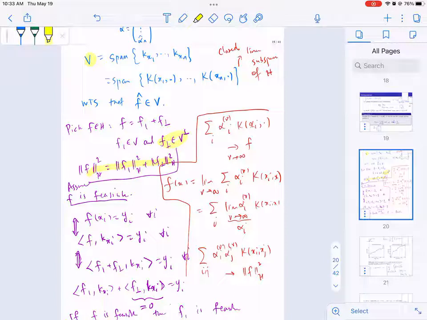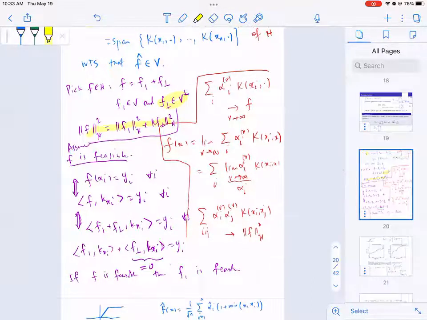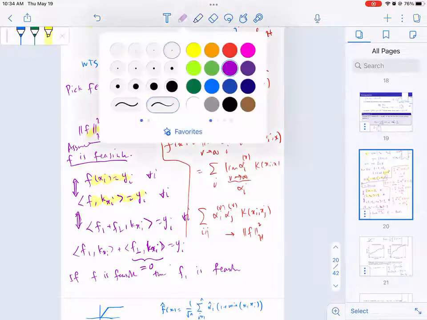Does that make sense? So you start from any f, which has this decomposition. Let's say f hat was the optimal solution. We know that f hat 1 is feasible by this argument, and if this part is non-zero, I can just drop it to 0. So f hat 1 would have a smaller norm, which would contradict f hat being the minimum norm solution. So from the start, this has to be 0, and f hat has to belong to this span. The key part is that you can see the pointwise equality as just the inner product. That's the reproducing property, right?